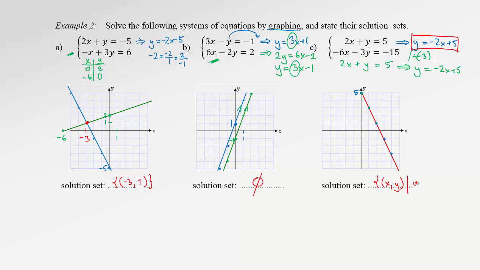So we can say y equals negative 2x plus 5. That will be enough to clarify what kind of points we have in mind. There are infinitely many points. It's enough to take an input x and calculate the y according to this formula to find a pair of numbers that will satisfy both equations.